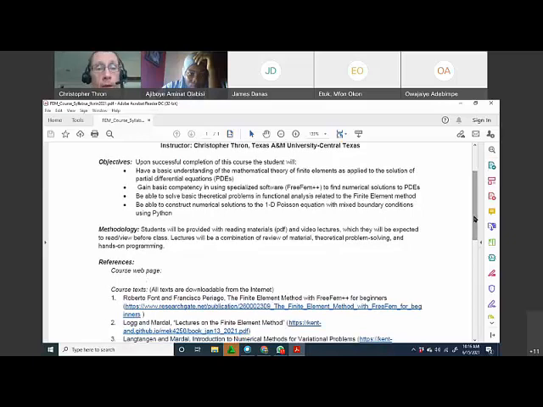So I will not go through this in detail, but I will say that finite elements is a very powerful method for numerical solution of partial differential equations. In this class, we will focus on practical solution of 1- and 2-dimensional partial differential equations using software.